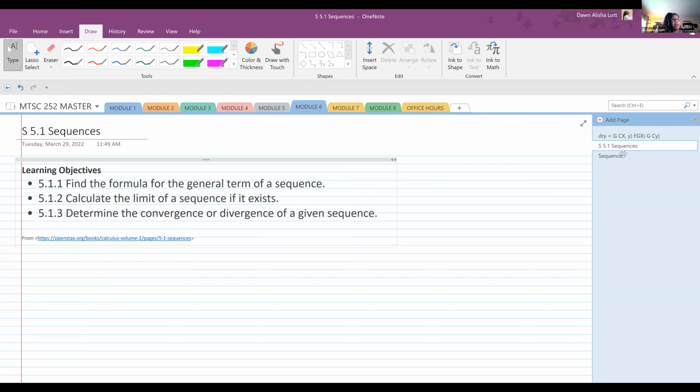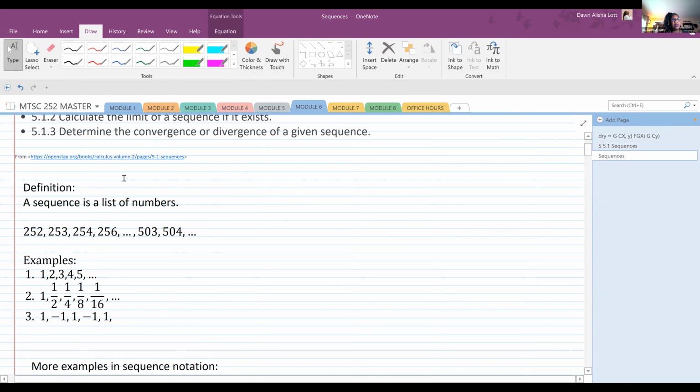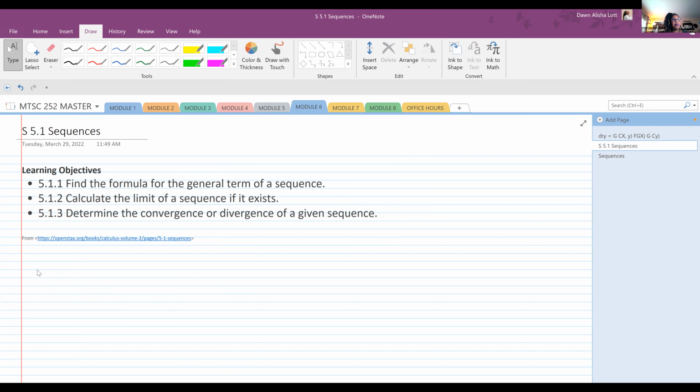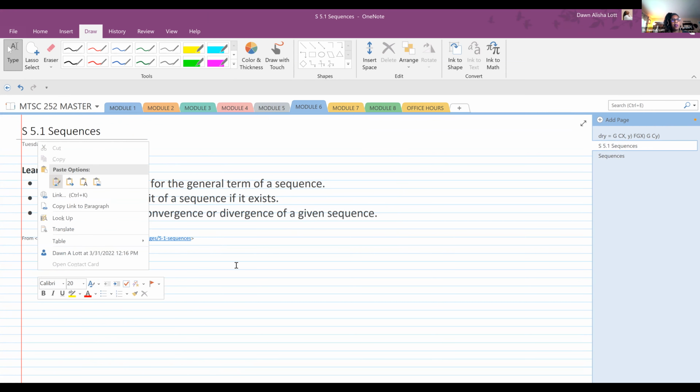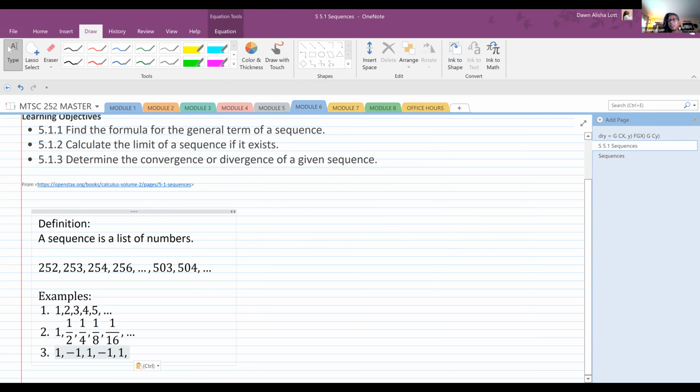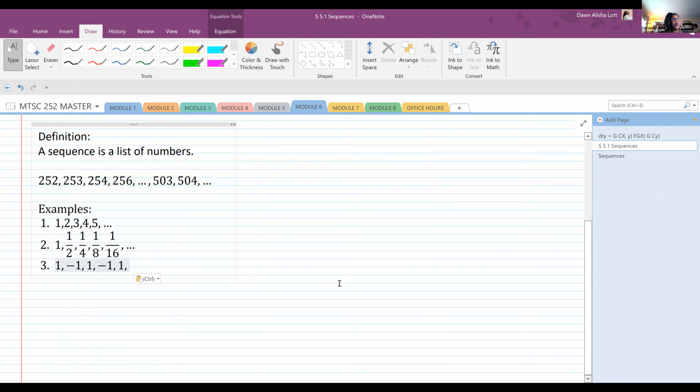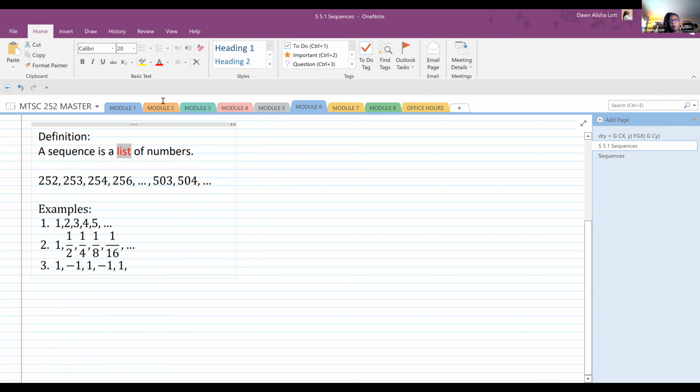Okay. So the first thing I want to basically do is a sequence is a list of numbers. Please remember the major word in this definition is list. These are numbers that are separated by a comma.